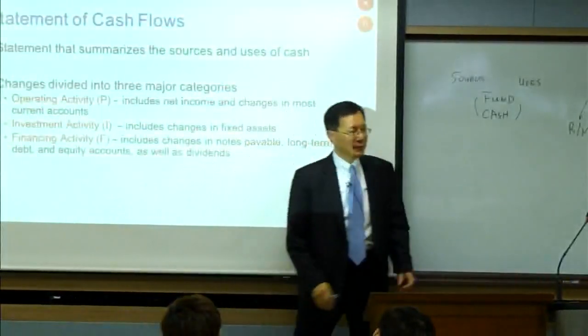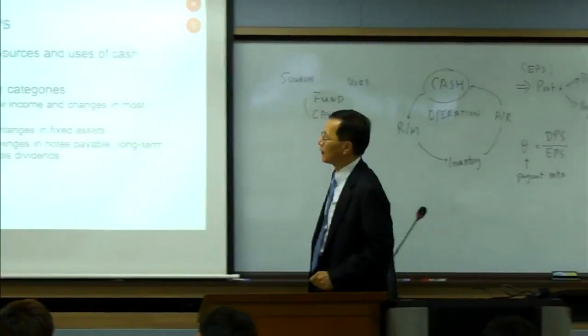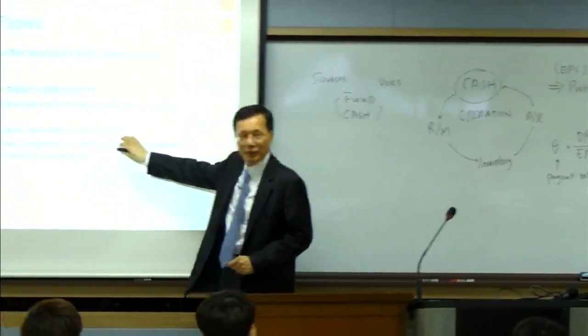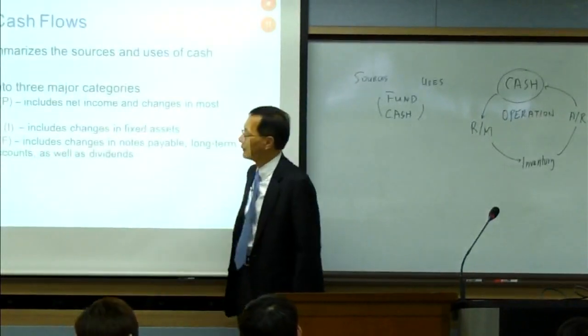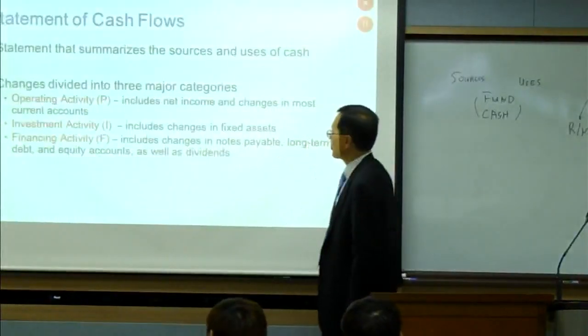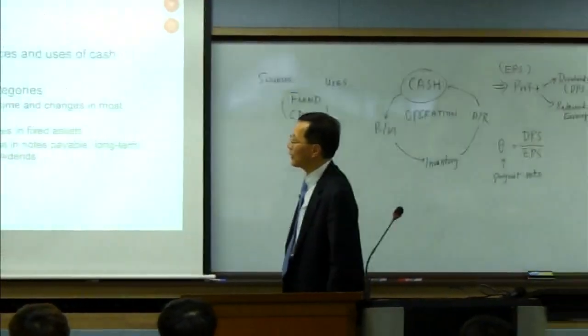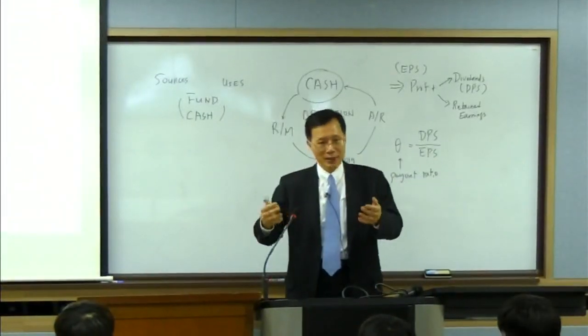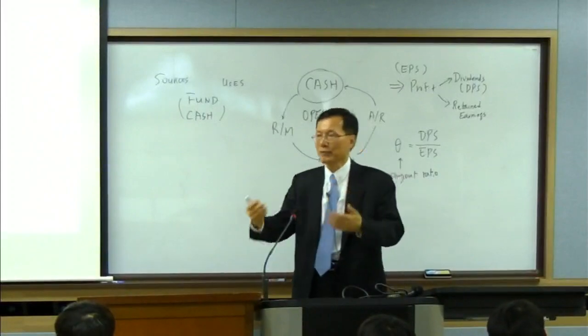Investing in fixed assets is called investment activity, I. Financing activity includes change in notes payable, long-term debt, and equity accounts, as well as dividends. This is just financing, securing capital, securing funding.